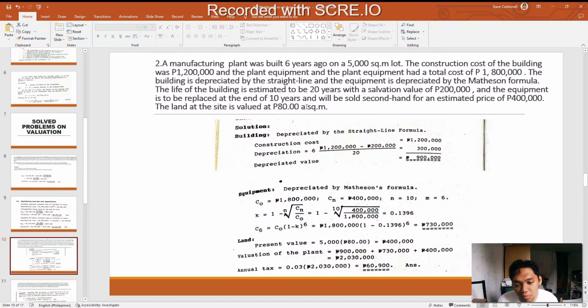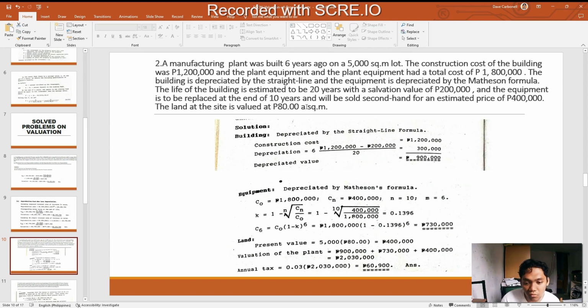So C subscript 6 is equal to C subscript O times 1 minus K to the power of 6, which is equal to 1,800,000 times 1 minus 0.1396 to the power of 6, which is equal to 730,000.